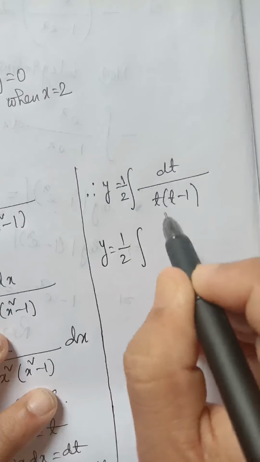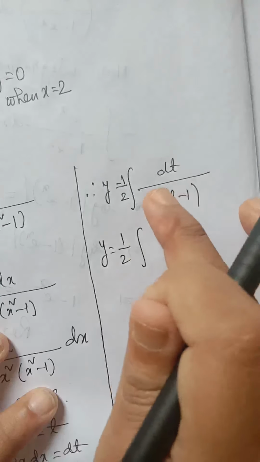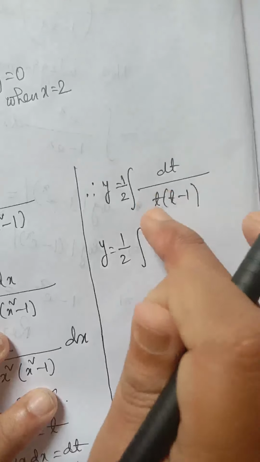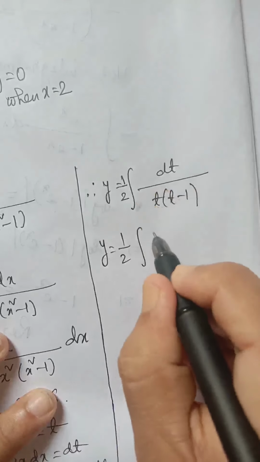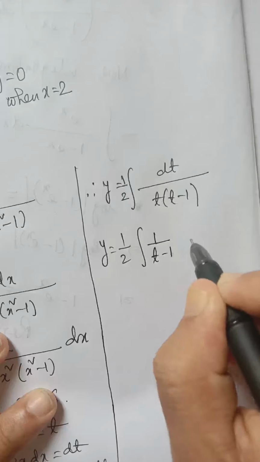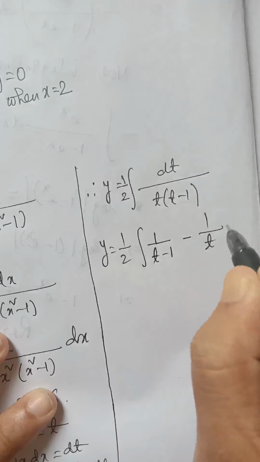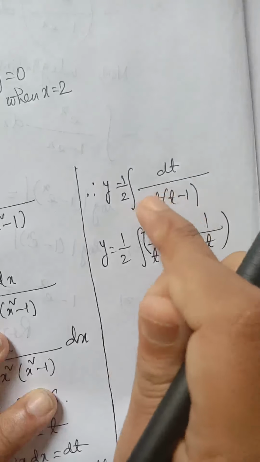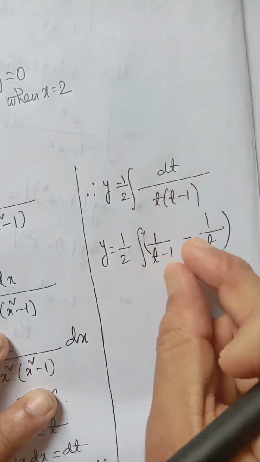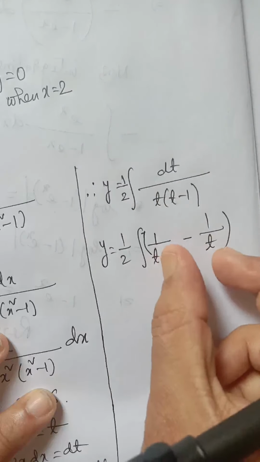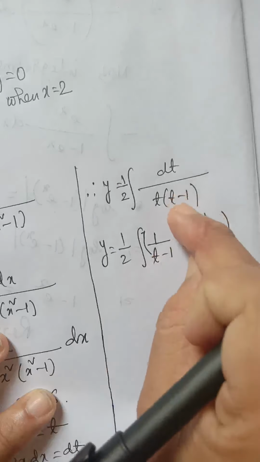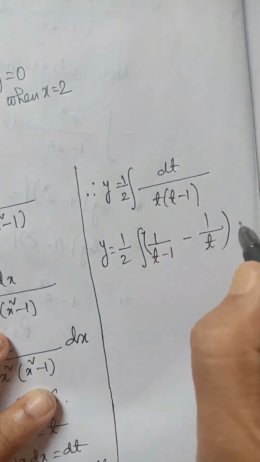Before integrating we have to break this into smaller fractions, into partial fractions. So we will do it this way: 1 by (t minus 1) minus 1 by t. Out of these two, I have written the smaller one first, minus the bigger one next. If we take the LCM, you can see the numerator will be 1, denominator will be this into this.